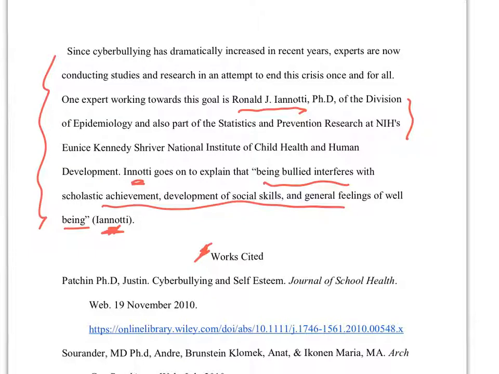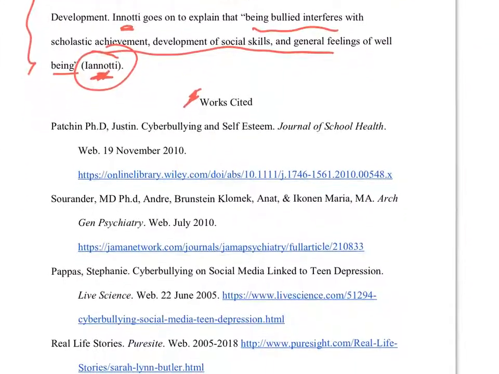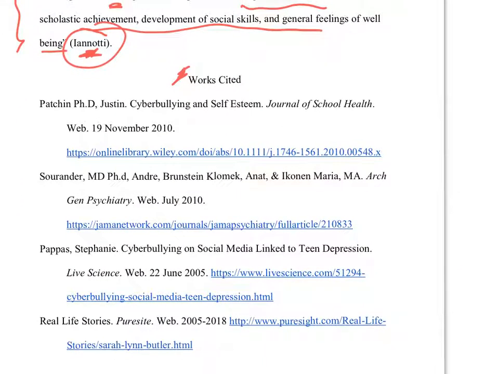But the problem here is that this name, when I go look at the works cited page, should appear here. It should be the first thing listed in one of these citations, but I don't see it. So this is a problem. This is actually, in some ways, a form of plagiarism, depending on who you discuss this with, because you're not letting the reader know where that quote came from.